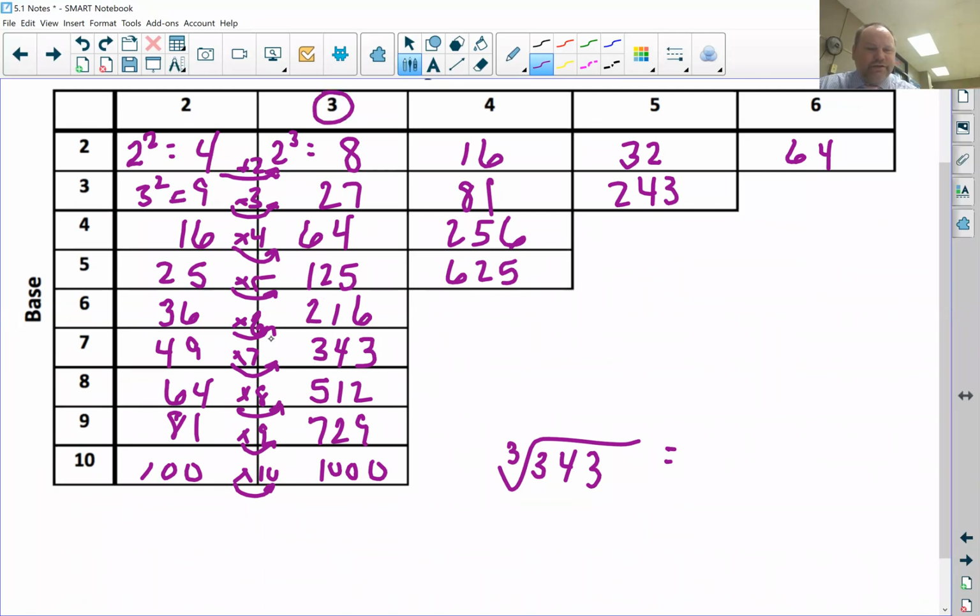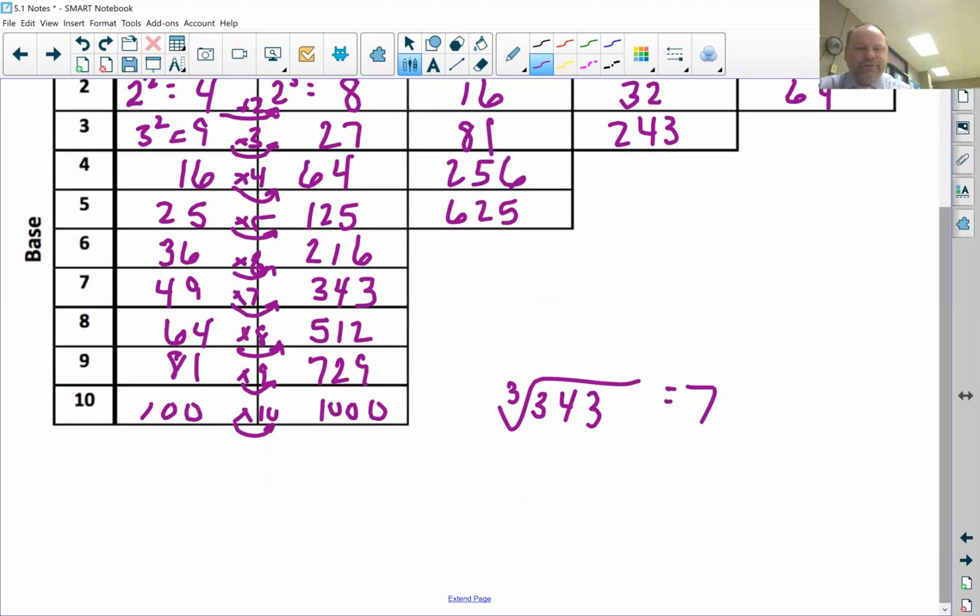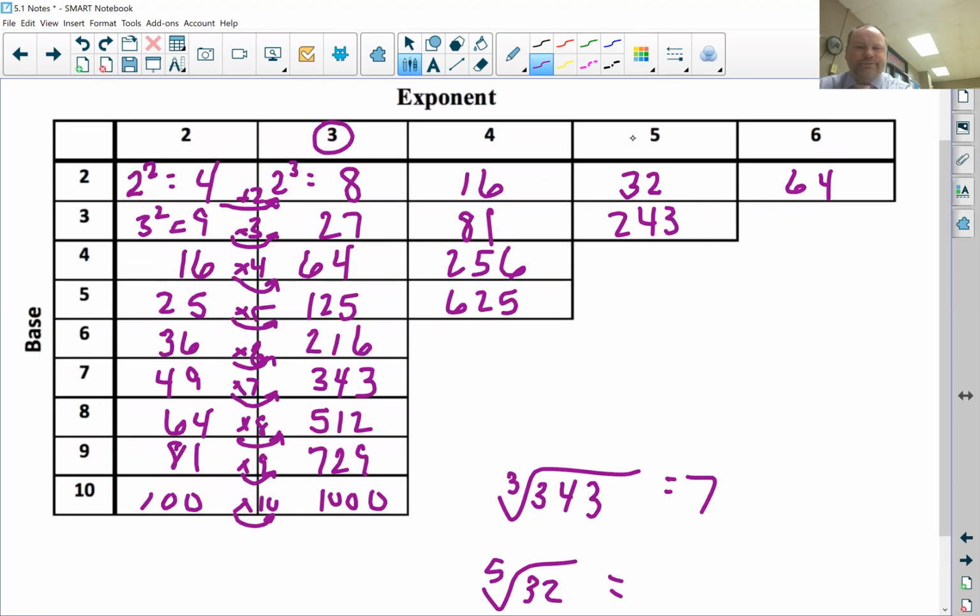It's right here. So your answer is the base 7. Or if we wanted the fifth root of 32, go to the fifth root, find 32. Our base is our answer, in this case, 2.